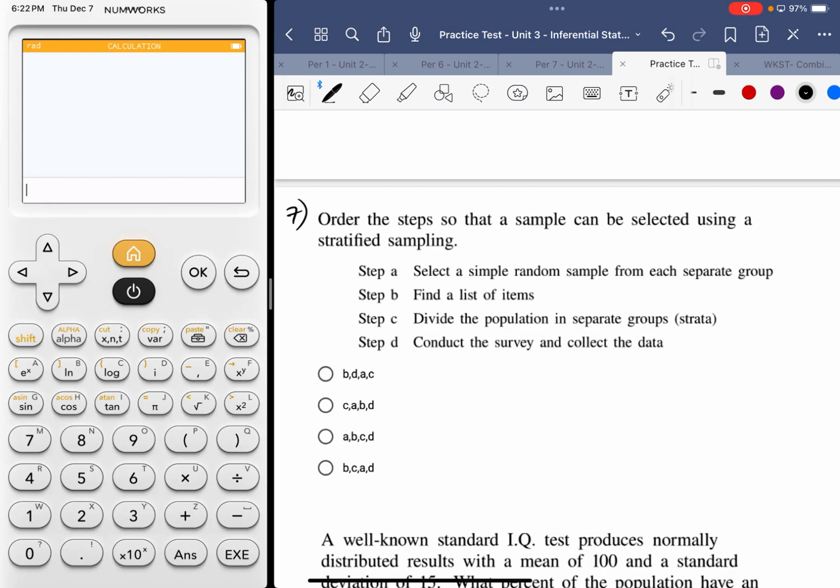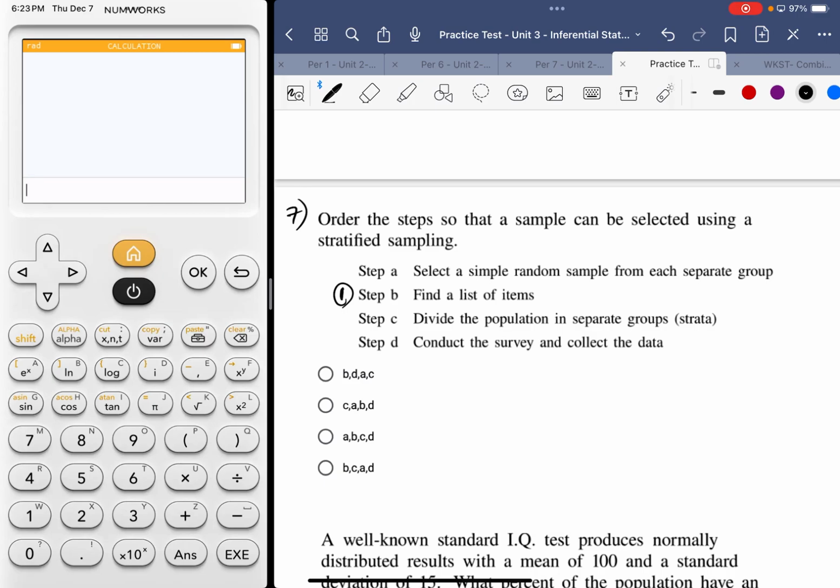Right, so in order to divide a population, we have to have a population, and then conduct a survey and collect the data. All right, so the first thing that we would have to do is find some sort of list of items. So that would be my first move. Something that I could actually break up based off of whatever the predetermined criteria are.